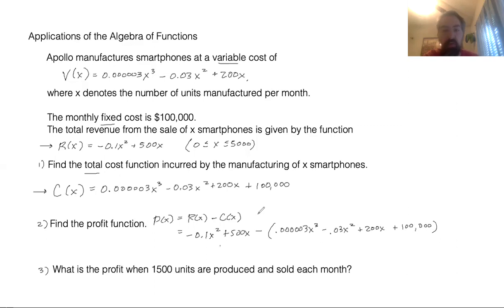Right, and we said when we distribute this minus sign, it's just going to change the sign of everything inside the parentheses. Let me show this distribution, and then we will combine the like terms.